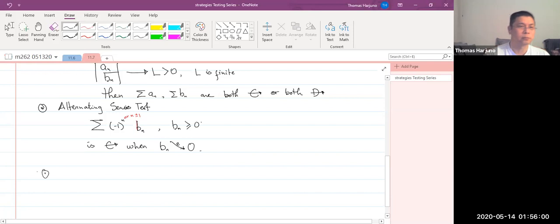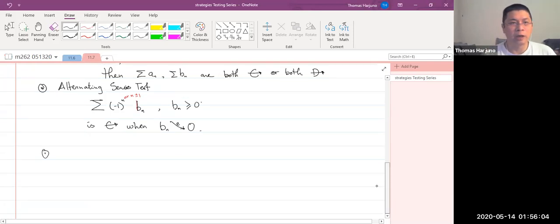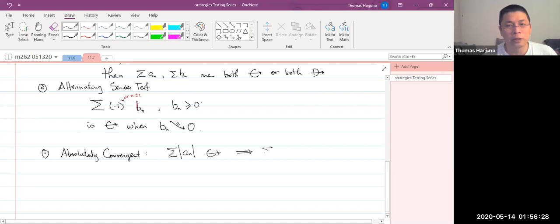Then after that alternating series test, we have absolutely convergent. That says that if the series of the absolute value is convergent, then the original series is convergent.